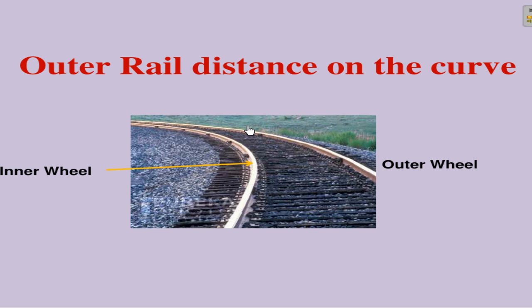From this itself, you can understand that the distance to be covered will be more. Now, if the arrangement is made in such a manner that it can cover more distance, then the wheel can go in a smooth manner. There will be no problem in the movement of the train. It can move smoothly.